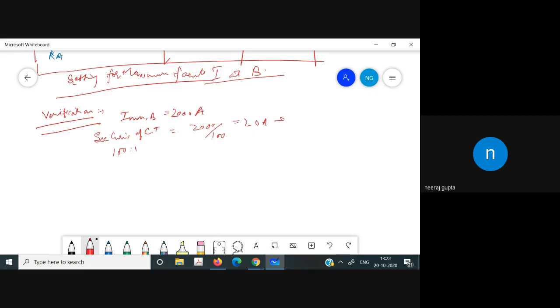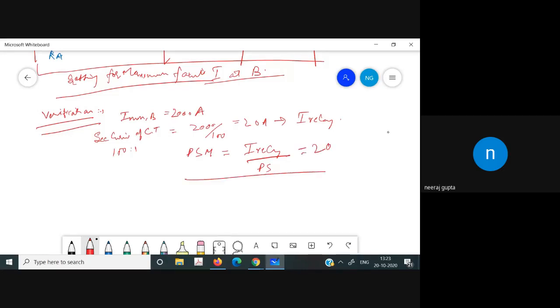This is the relay current, that is the current seen by the relay. As you already know, the plug setting multiplier is equal to I relay divided by the plug setting.